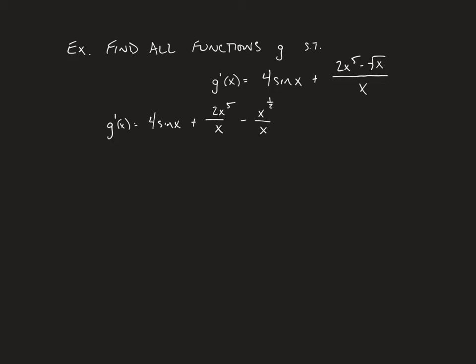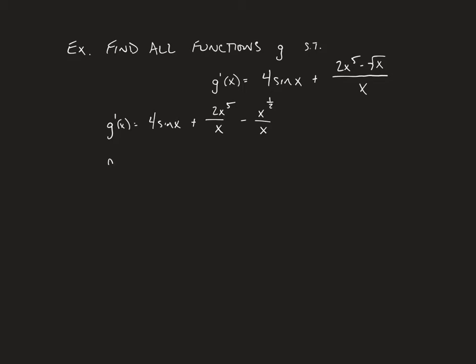All right, and now I'm going to remember that if I have the same base in two terms of a fraction, I can just subtract their exponents. So this is x to the fifth divided by x to the first, so all I have to do is 5 minus 1 to get that exponent.